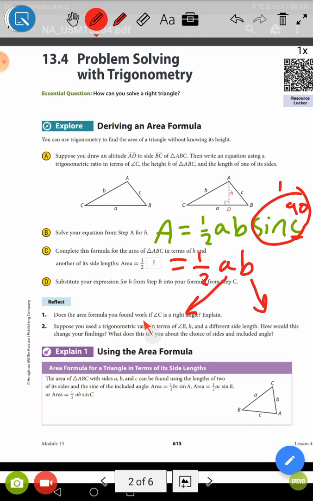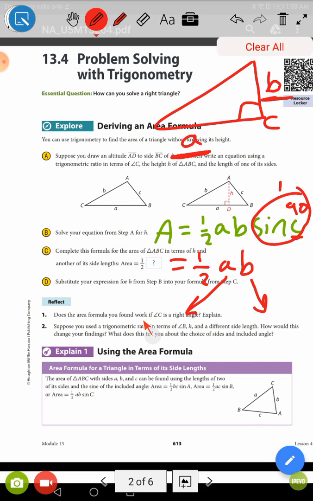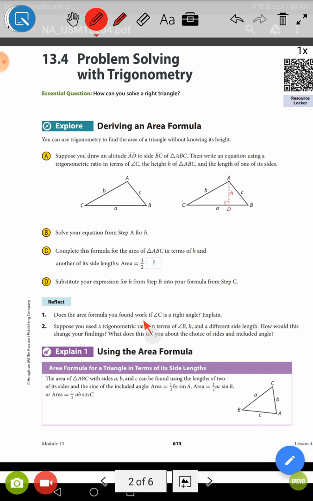And our triangle will be like that. That is a, and that is b, and that is angle C. It will be 90 degrees. So it's half base multiplied by height. Yes, it's right. So the answer I will write is yes.